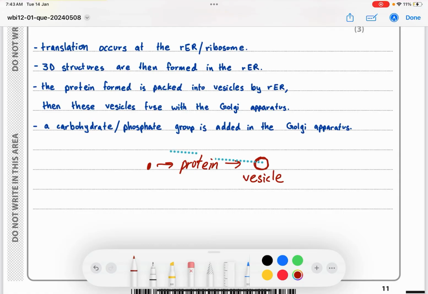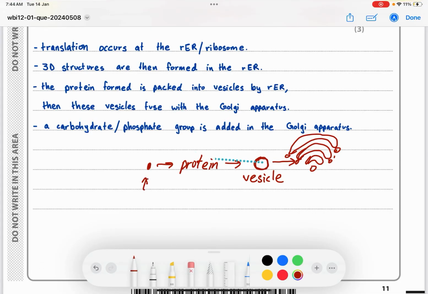Then the vesicle moves around in the cell, in the cytoplasm, and it joins the Golgi apparatus. You guys know how to draw it, right? It's like a Wi-Fi sign thing. Please ignore my drawing. That's pretty much the process. You have to memorize it.